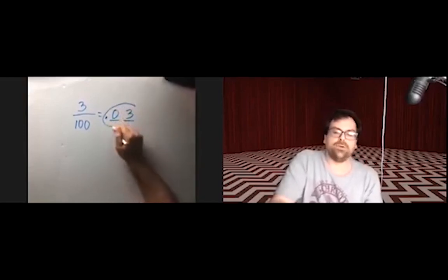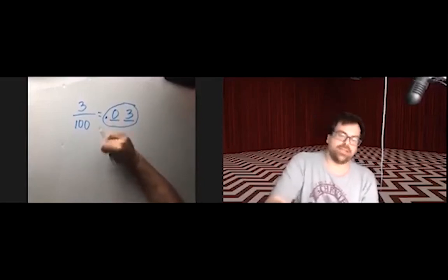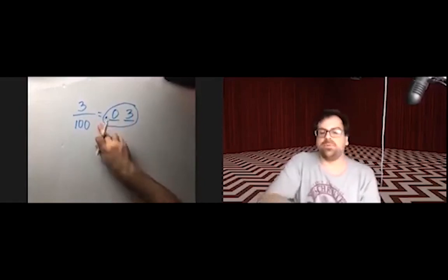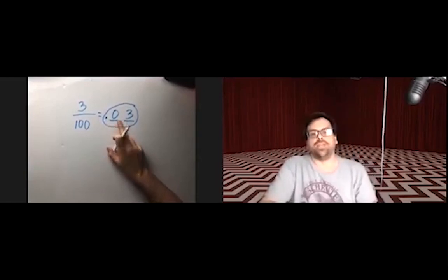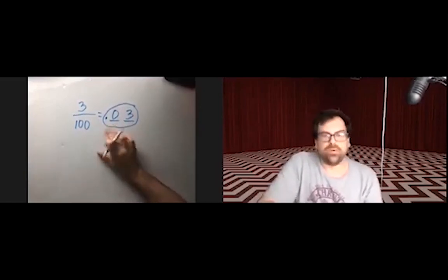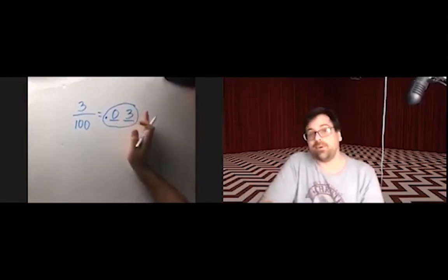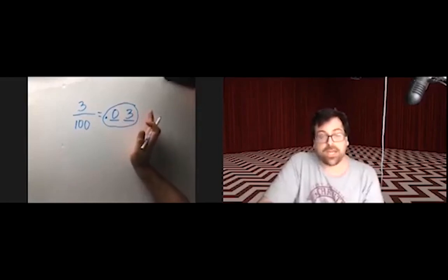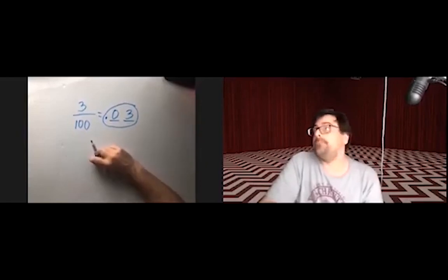So 0.03. You don't need the 0 to the left of the decimal point, but you absolutely need this 0 here to hold the place value. 0.3 would be wrong. That would be 3 tenths. 0.30 would be wrong. That's 30 hundredths, which is again 3 tenths. 0.03 is what we need.